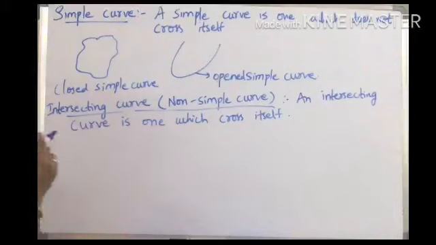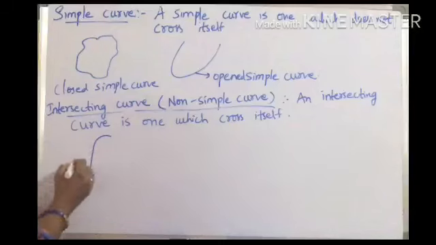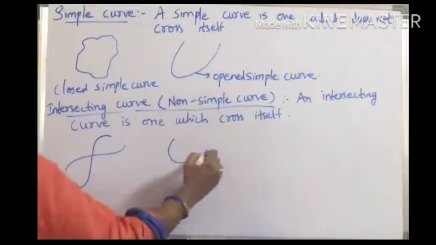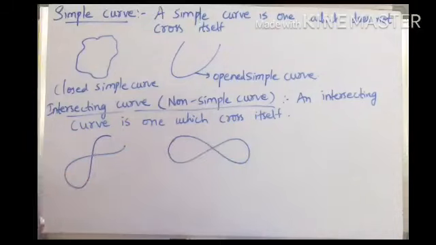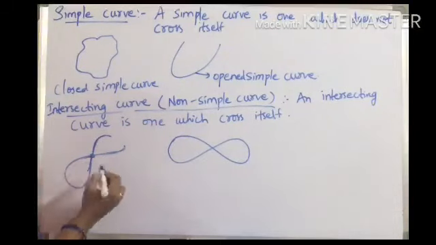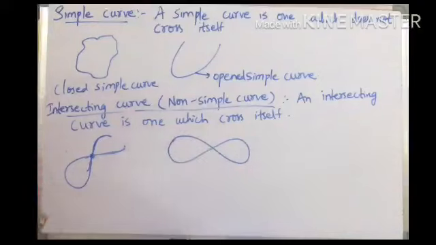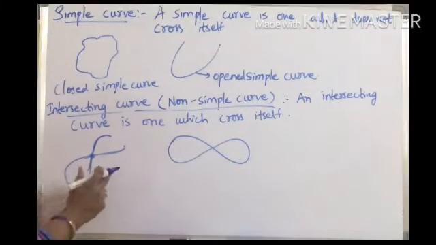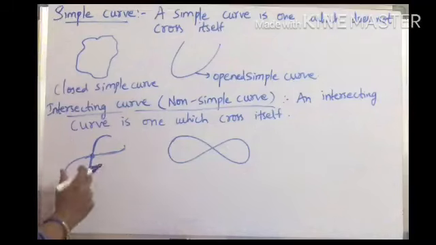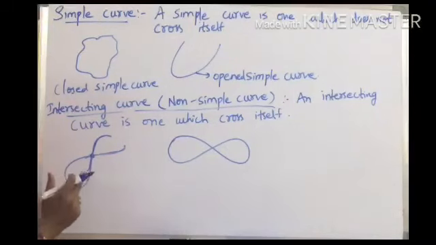Example, here if I draw figures, see, this is an intersecting curve, and this is also an intersecting curve. Means this is crossing here, it is intersecting at one point. Here in this also it is intersecting. So it should cross itself. Okay. Now a curve that crosses its own path is called a non-simple or intersecting curve.